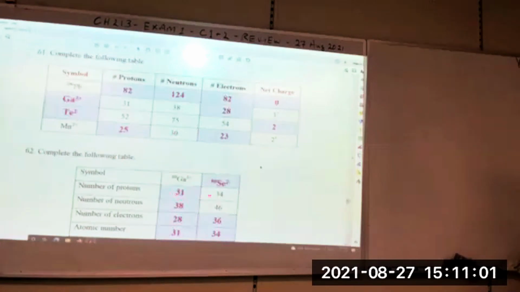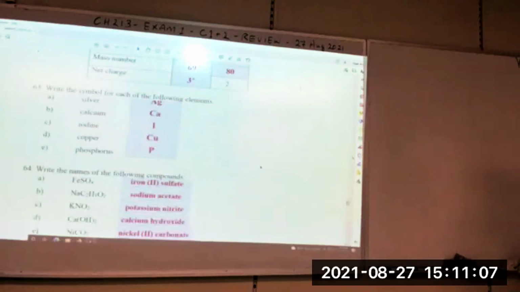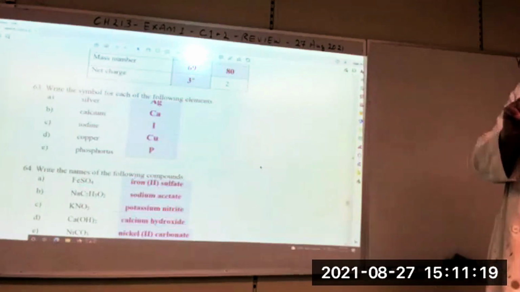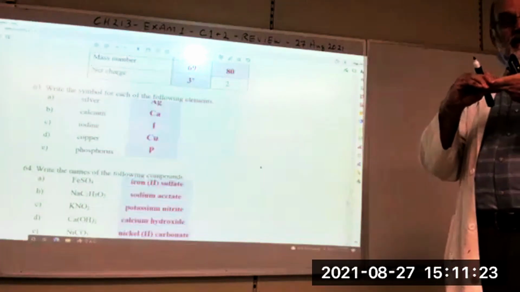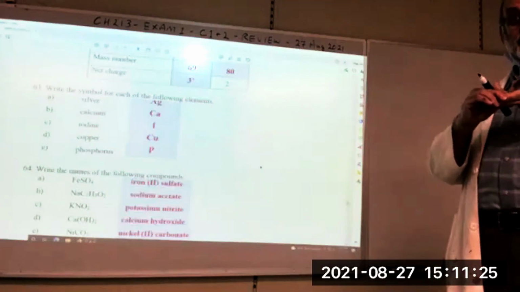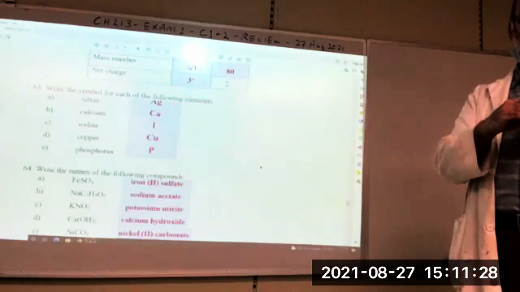And this one is similar to that one in the way you approach it. Here, you just write the symbols for these. And then you write the names of the compounds here. Okay. So how do you deduce that one? Is it metal, non-metal, or two non-metals together? That tells you whether it's a type 3 or a type 1, type 2.